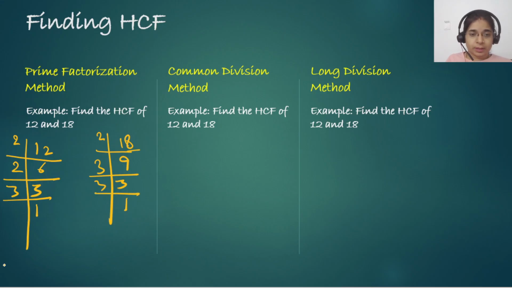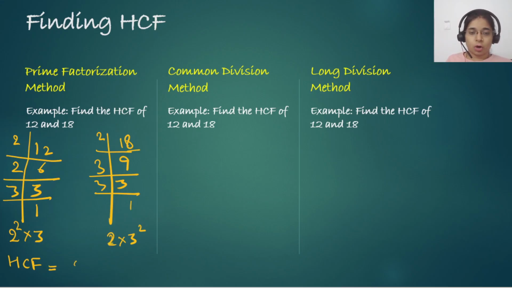I can write 12 as 2 squared times 3, and 18 as 2 times 3 squared. For LCM we took the highest powers. For HCF we will take the lowest powers.